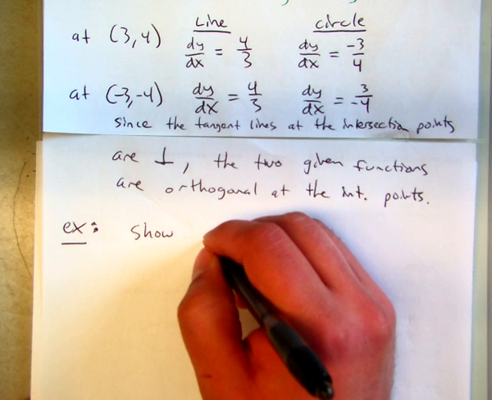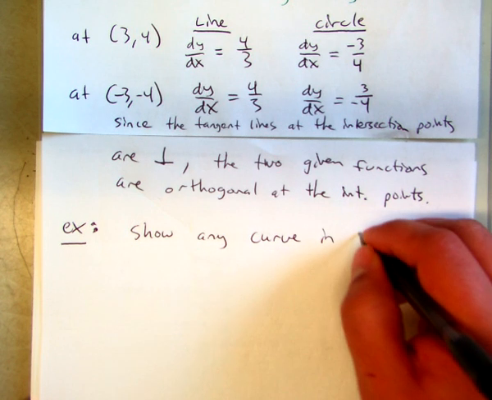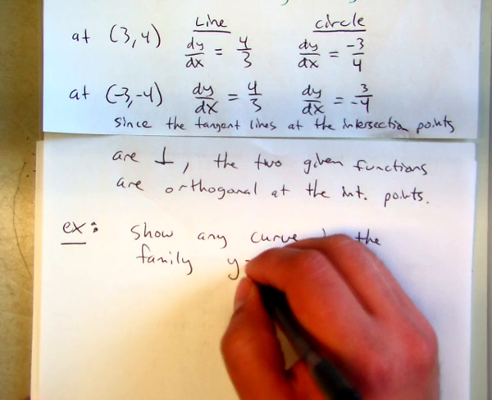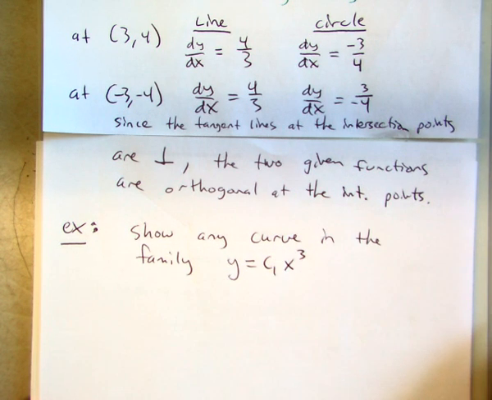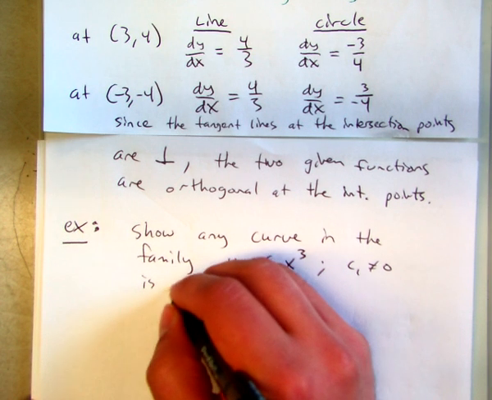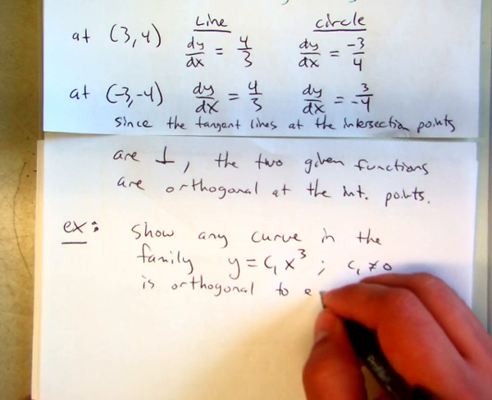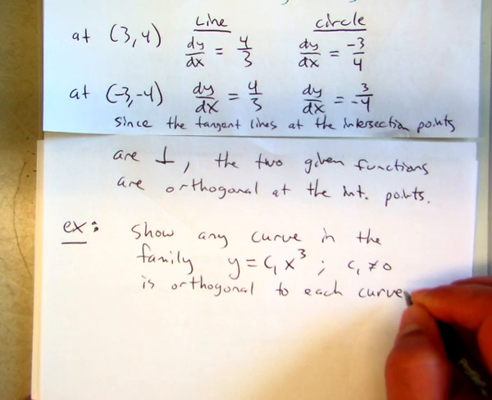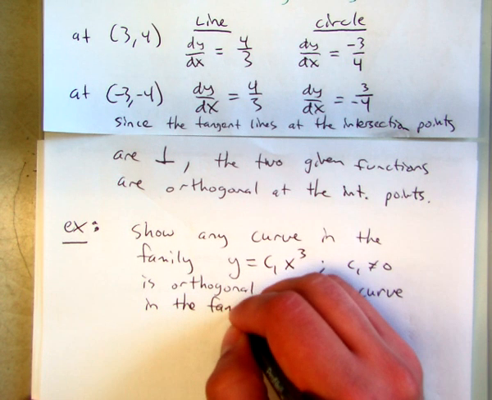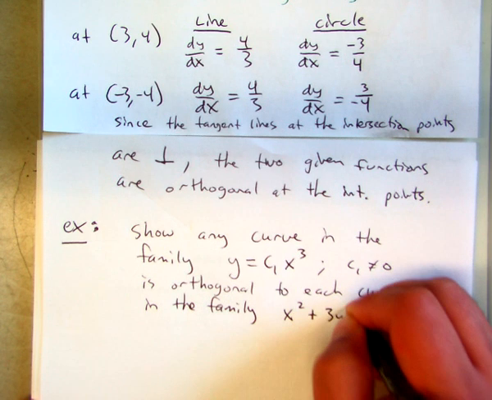Show that any curve in the family y equals c1x cubed, assuming c1 is not equal to 0, is orthogonal to each curve in the family x squared plus 3y squared equal to c2.